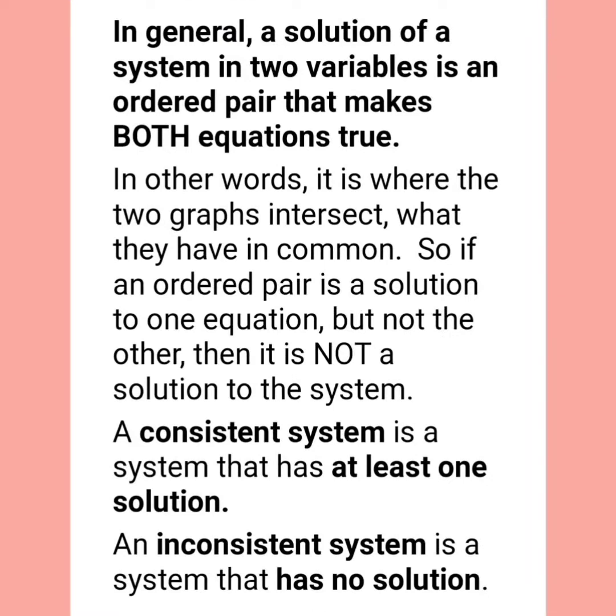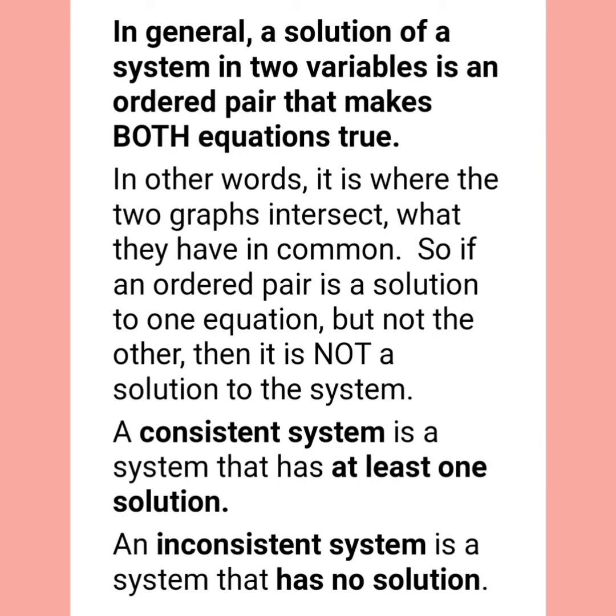So finally, in general, a solution of a system in two variables is an ordered pair that makes both equations true. In other words, it is where the two graphs intersect, what they have in common. If an ordered pair is a solution to one equation but not the other, then it is not a solution to the system.